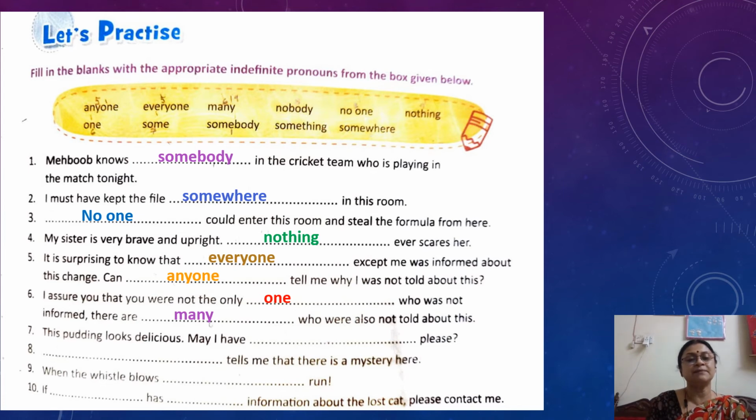Question number 7. This pudding looks delicious. May I have some, please? Coming to question number 8. Dash tells me that there is a mystery here. So what will be the answer? Something tells me that there is a mystery here.